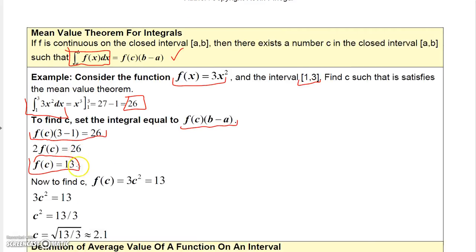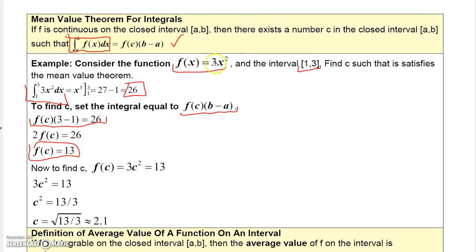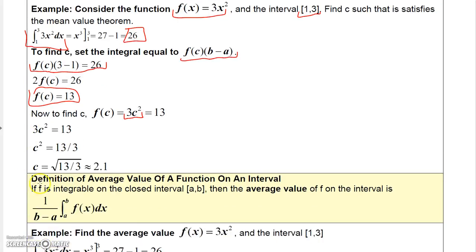Okay, but what is f of c? Well, the function was 3x squared, so f of c would be 3c squared. So 3c squared has to equal 13. And now we just solve the equation for c. 3c squared equals 13, then c squared would equal 13 over 3, and c would equal the square root of 13 over 3, which is about 2.1.